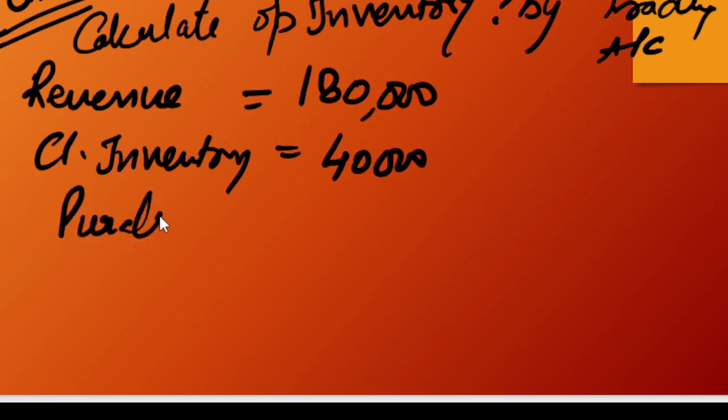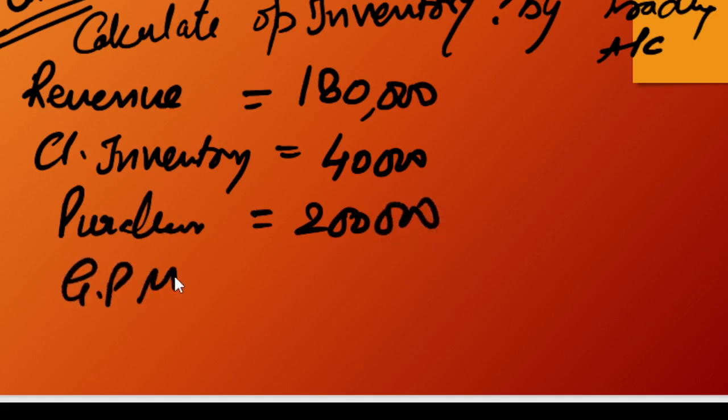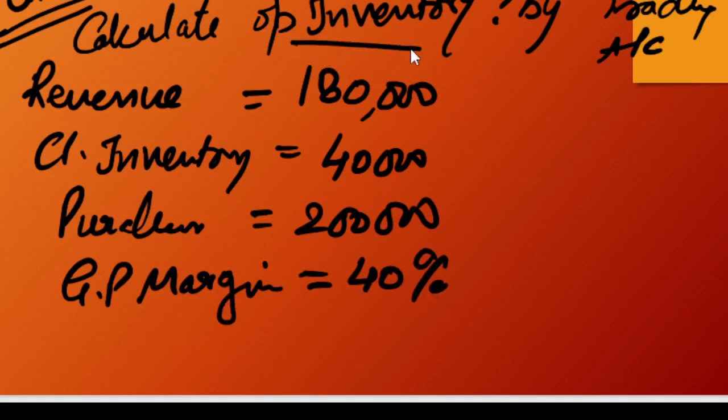Then purchases, that is 200,000. Okay, and take GP margin, that is 40%. So find out opening inventory.